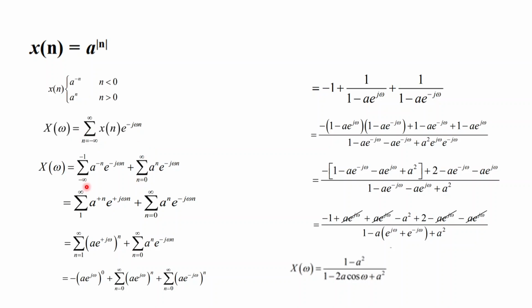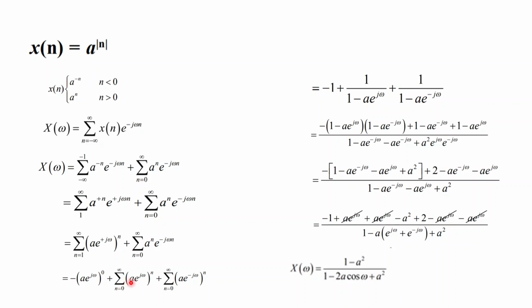So here minus infinity to minus 1 you will have. Reverse the summation, so the sign of n is also reversed. So it can be written in the form of a power n. Expand this one. If it starts from n equal to 0 to infinity, then 1 by 1 minus a is the formula. For that, add and subtract a e power j omega whole power 0.